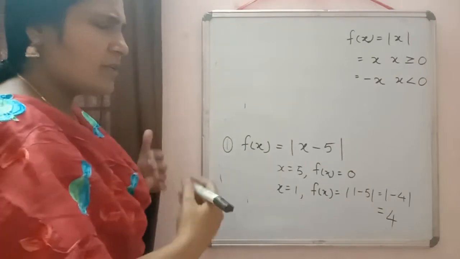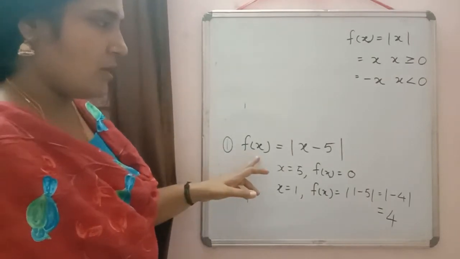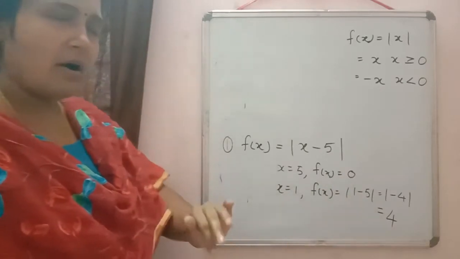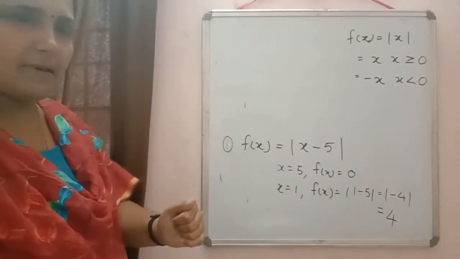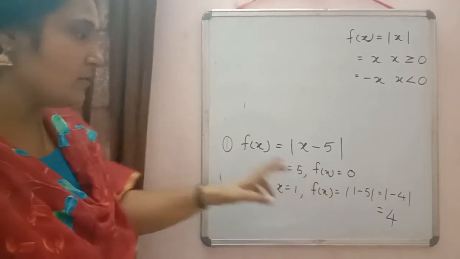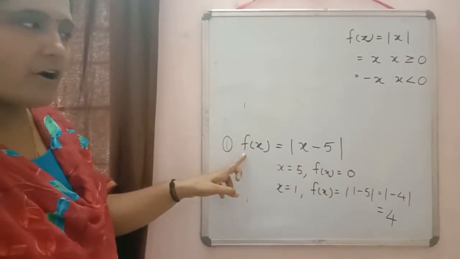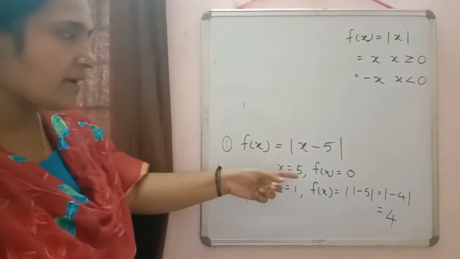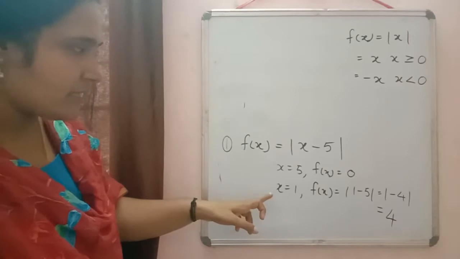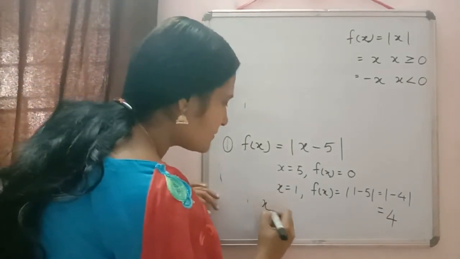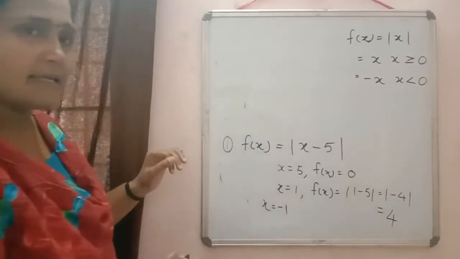In the same way, whatever number you write, its modulus will either be equal to 0 or a positive number. It will not come out negative. In place of x, you can take any value. First I took x is equal to 5, then I took x is equal to 1. Take any other negative value, suppose x is equal to minus 1.